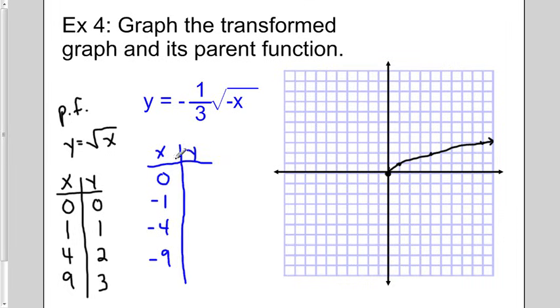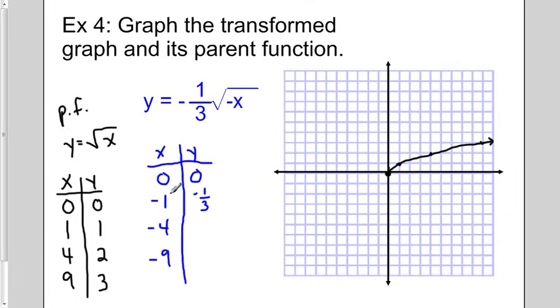And then the y values, we'll just plug these in and see what we get. So we get square root of 0, 0. 0 times -1/3 is 0. So it's going to start at the same spot. If we put -1 in, -(-1) is +1. The square root of +1 is 1. 1 times -1/3 is -1/3.